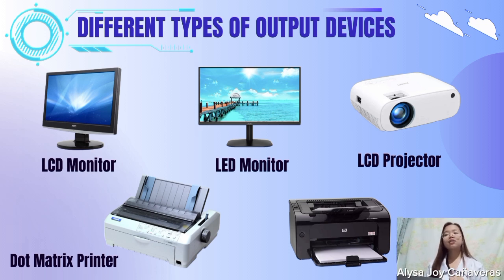LED monitor is also similar to LCD monitor. LCD projector, dot matrix printer, laser printer. Printers produce tangible documents, tangible outputs that give the result to anyone who wants to see the result of the processed data.